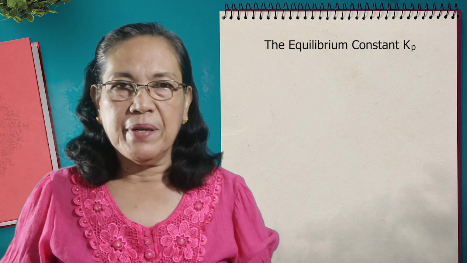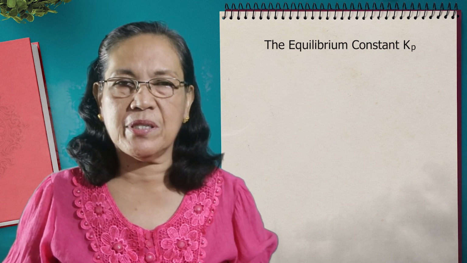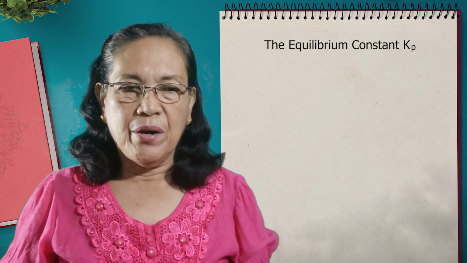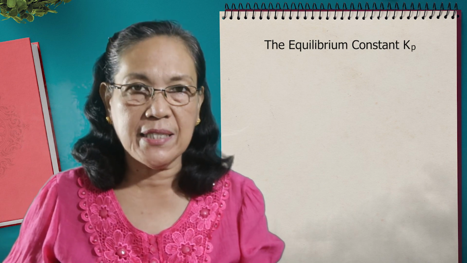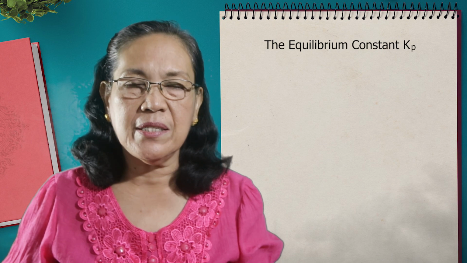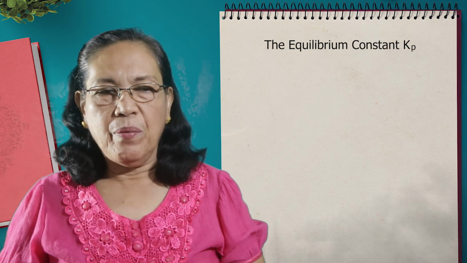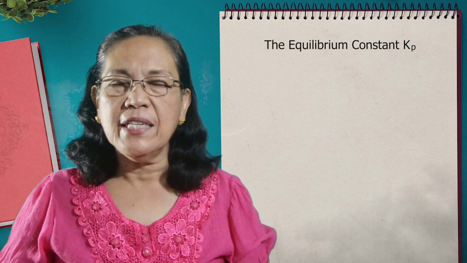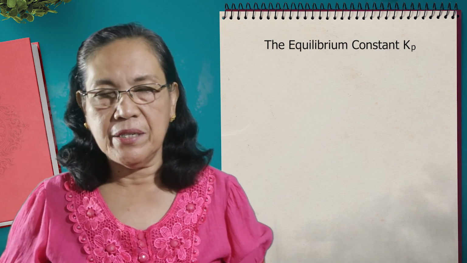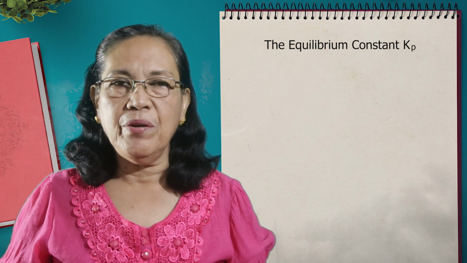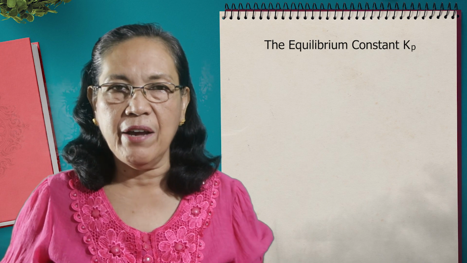This will become Kp equals Kc times RT raised to the exponent y plus z minus w minus x. Now, we know that y and z are the number of moles of gases on the right, and w and x are the number of moles of gases on the left.